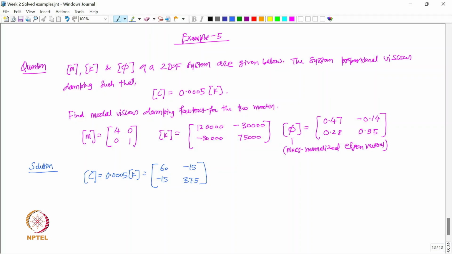Let us see how we can do that, right. So, I think I would go to the next page and then let us write down for free vibration the equation of motion. We know that it is given by M x double dot plus C x dot plus K x is equal to 0.